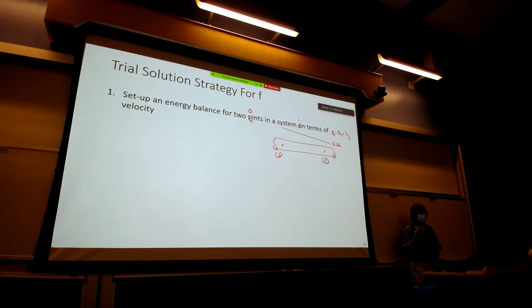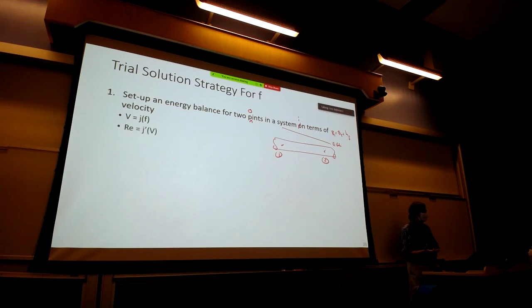And you know when I write B1, that's V squared over 2g plus P1 over gamma plus z1. So by setting up that energy balance, what comes out of that is velocity as some function of friction factor. That's what's going to come out of it. And again, I'm just giving you the methods. I'm going to go through a numerical example next class.